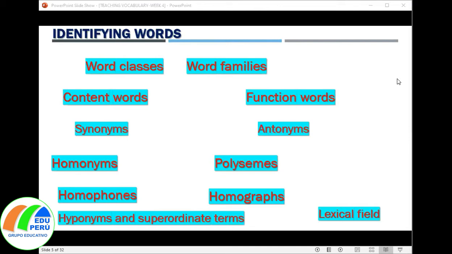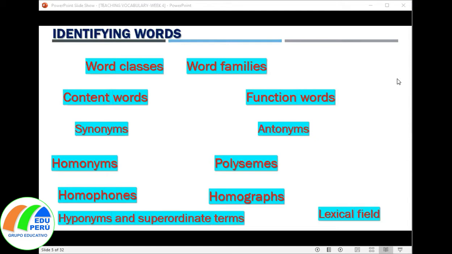But the difference is that when we talk about hyponyms and superordinate terms, generally we are talking about a whole and parts, or a unit and different items, or different types. But when we talk about lexical fields, it's more than that. They are not only a whole and parts, or a unit and different types. Maybe other words which are connected to this idea, to that thing, not to that topic. So this is the difference between hyponyms and lexical fields.